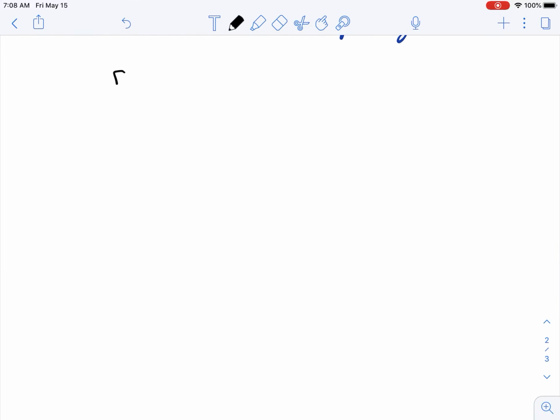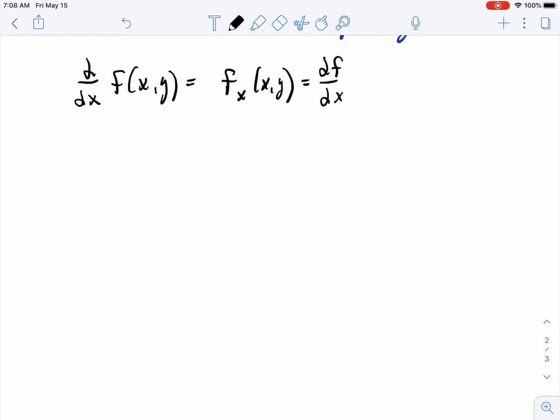So let's say we have f of x, y, and I'm going to do the partial derivative d dx. Okay, so that would give me my 2 notations, f_x(x,y), and that would be partial df dx.